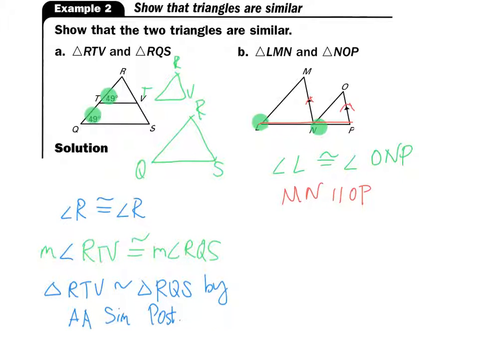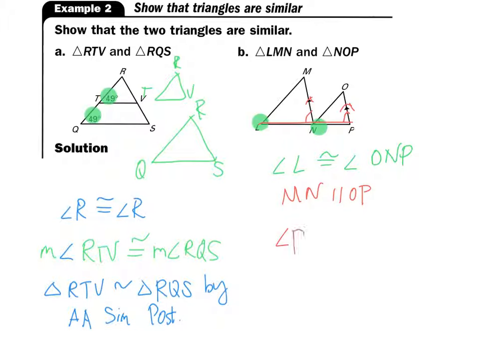That was information we learned in chapter 3. So let's see what we can do. If we look at LP as the transversal, we know that these two angles in red that I marked are congruent.